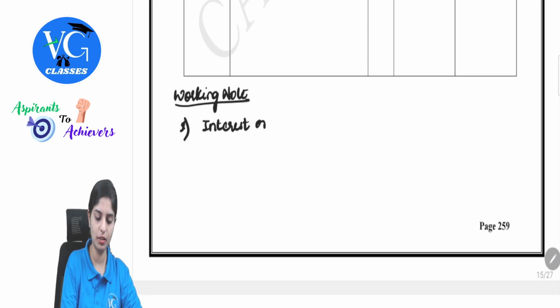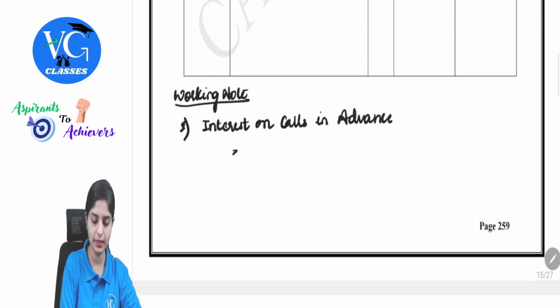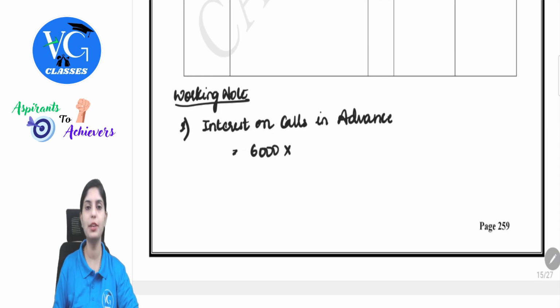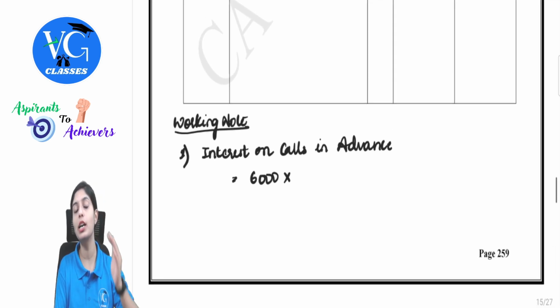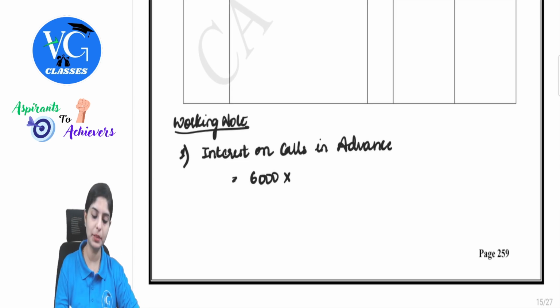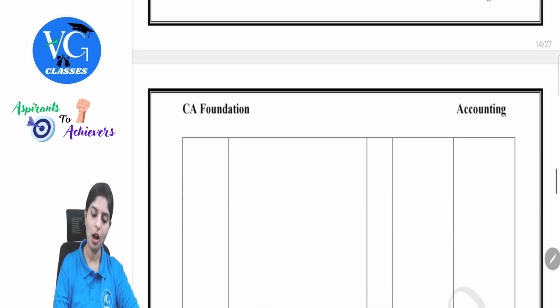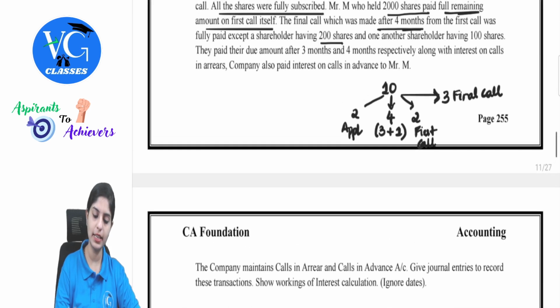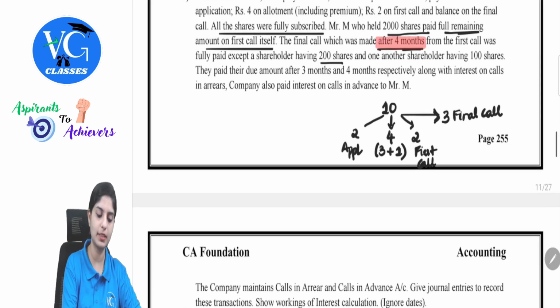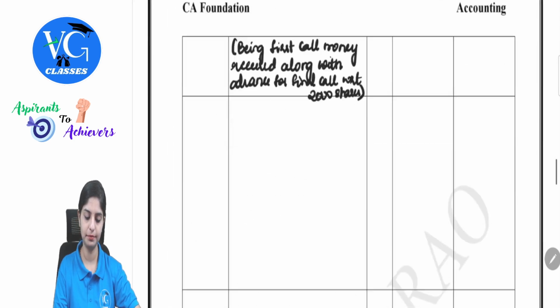Interest on calls in advance. So what is the advance money? 6,000. So how did we get 2000 shares into final call money? What is the rate of interest for calls in advance? Calls in advance is what company pays. So company pays 12% into how many months? The question says it is for 4 months.